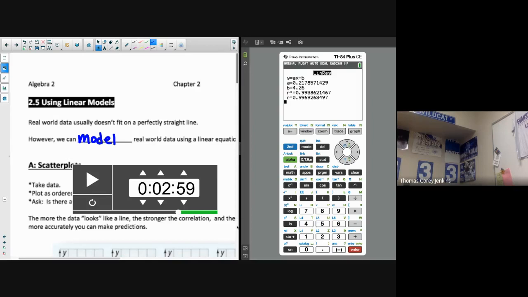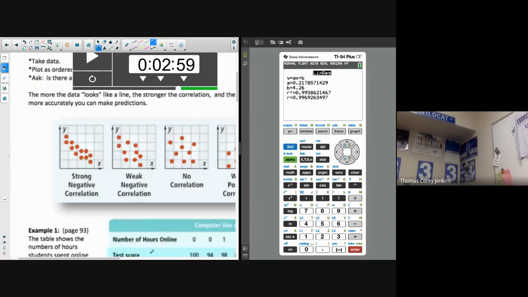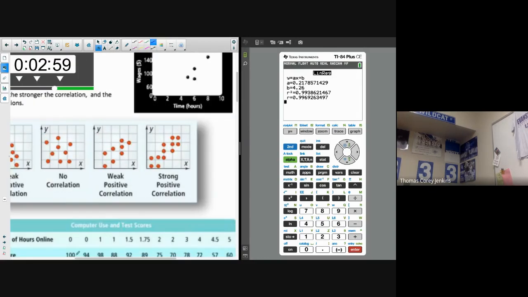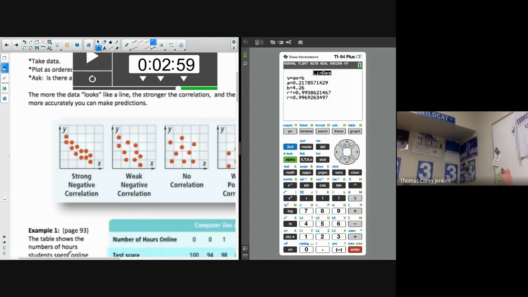Some examples of what I mean, big picture-wise, are right here. We all know what a scatter plot looks like. But looking at this one, you can see there's definitely a trend as we move to the right on the graph. The data seems to increase, right? So we would call this a strong negative correlation. Not linear, but there's definitely a correlation.